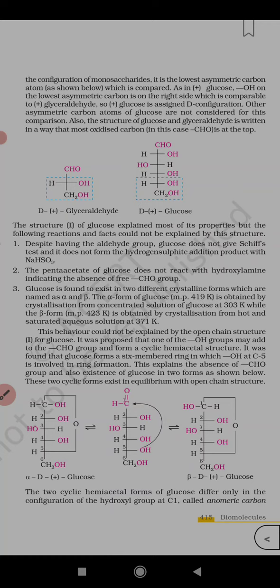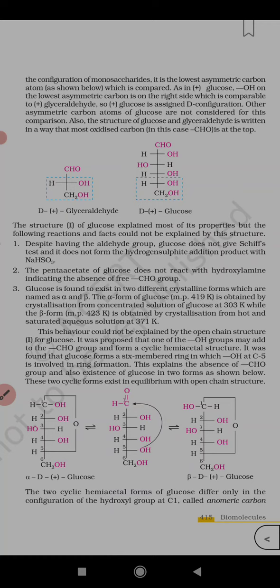Why is it not forming the hydrogen sulfide addition product with NaHSO3? Why does the pentaacetate of glucose not react with hydroxylamine, and why does glucose exist in two forms, alpha and beta? This cannot be explained by the open chain structure.